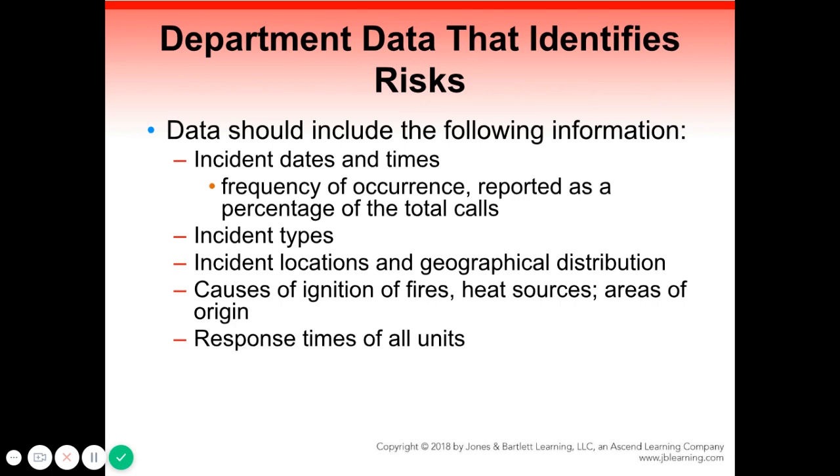The incident types, the incident locations or geographical distribution. That is another data point to look at. And it is crazy. We're going to talk in a little bit about GIS and those maps and map locations, because sometimes just seeing it on paper, you do not see the correlation or that trend until you actually map it.